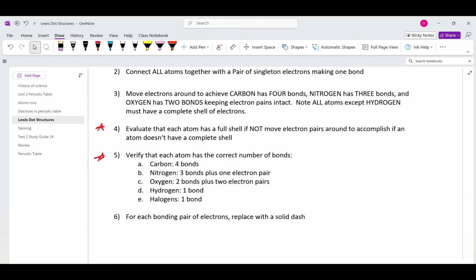Yes, it's got 6 electrons. The way they're organized is that 4 of them are in pairs, and the other 2 are by themselves, the singletons. So the singletons are the ones that are going to do the sharing with another atom. Okay, then the next thing we're going to do is replace the bonds with solid lines.